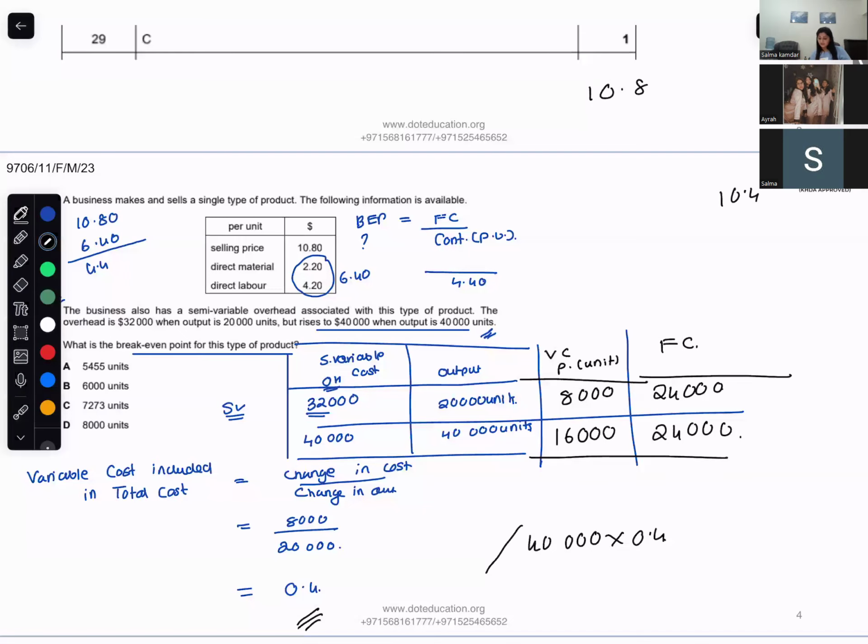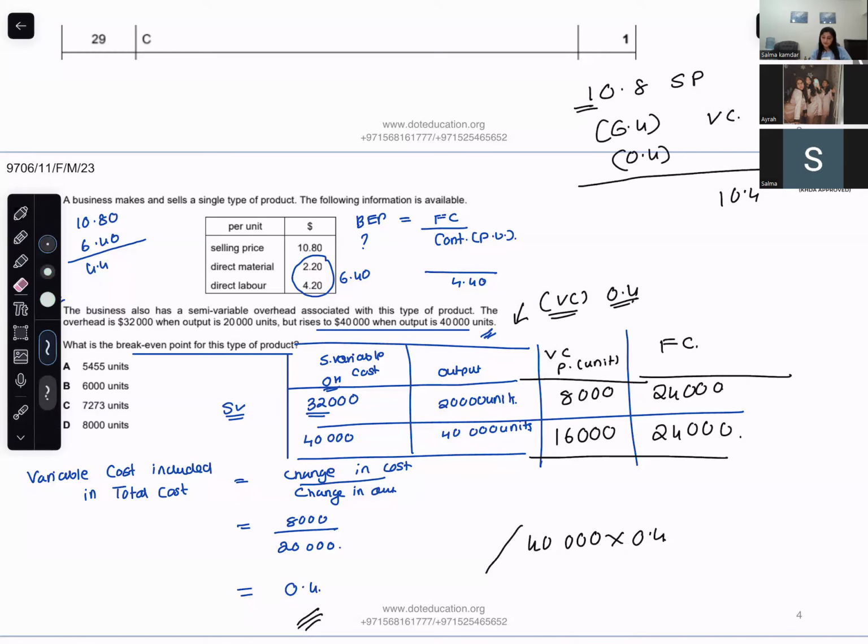So 10.8 was my selling price. And for this type of product, there was an additional variable cost of 0.4 per unit. So variable cost is 6.4 and additional variable cost is 0.4. So what is my contribution?